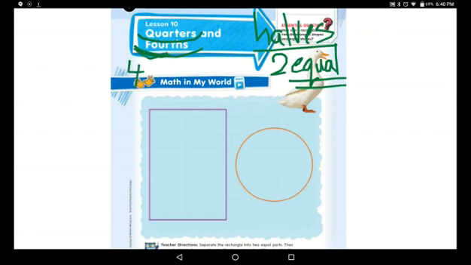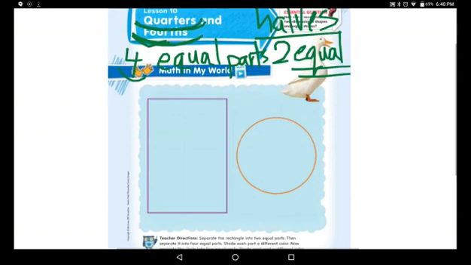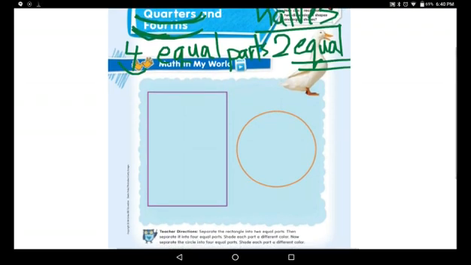Four equal parts. Today we will talk about four equal parts. So quarters or fourths, it's about four equal parts. Okay? So our lesson today is about quarters and fourths.